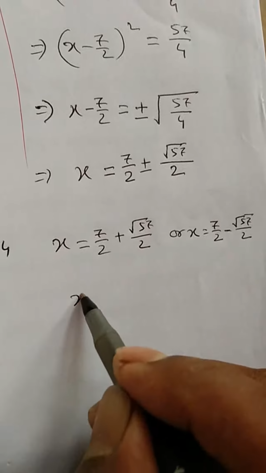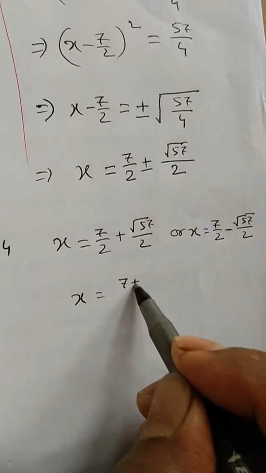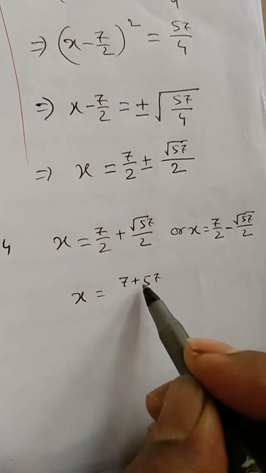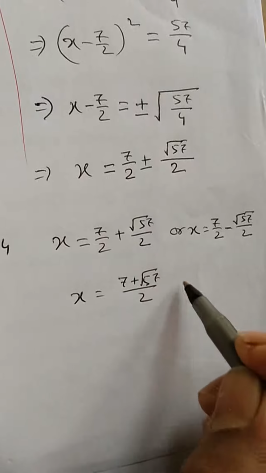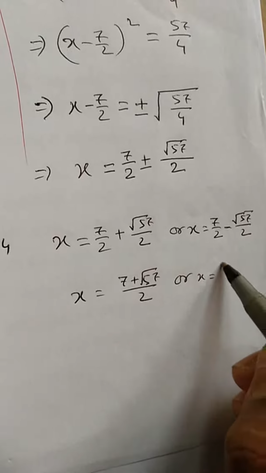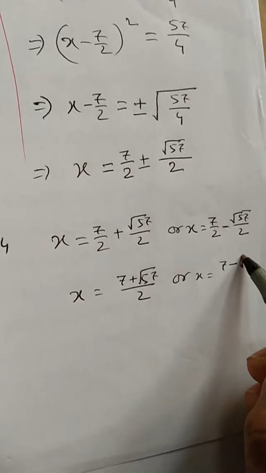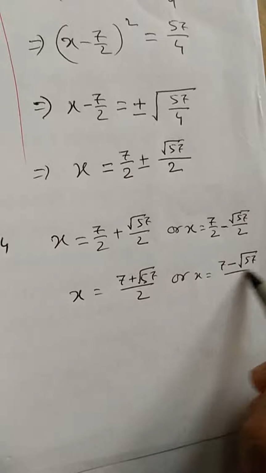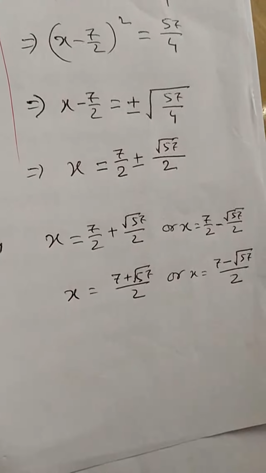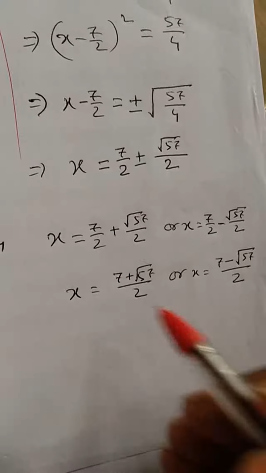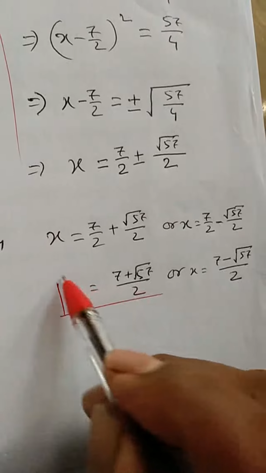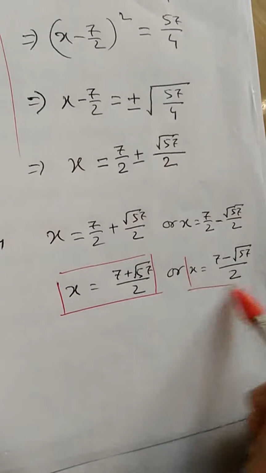So we can join them together: x equals (7 plus root 57) by 2, or x equals (7 minus root 57) by 2. So these will be two values of x.